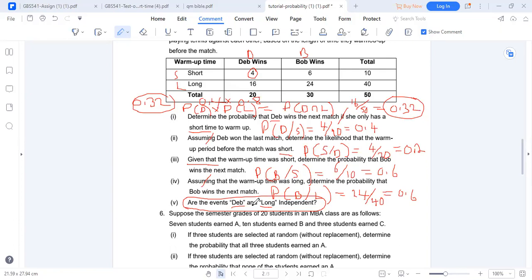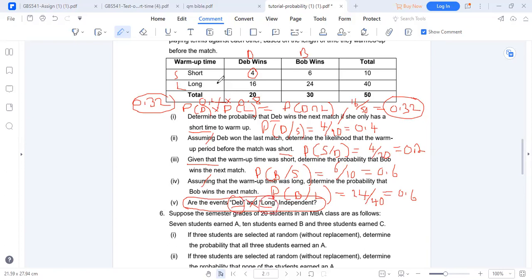No, and means multiplying, all right? So if the probabilities of Deb and Long are supposed to be independent, multiply them to find whether they will give you an intersection. So to start with, find the probability of Deb alone, find the probability of Long alone.